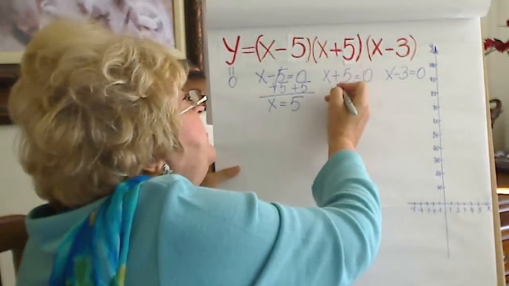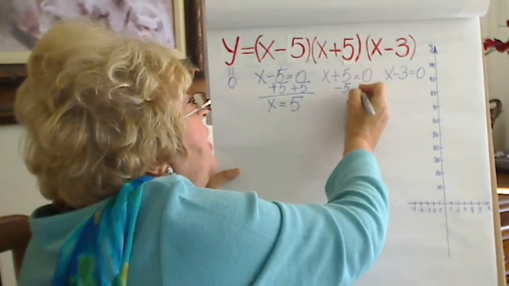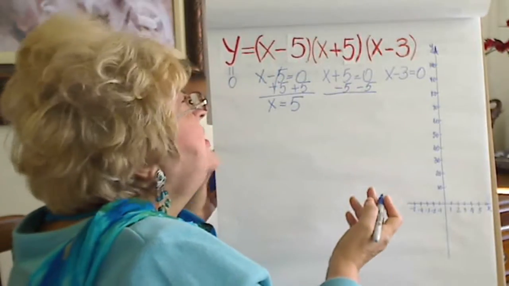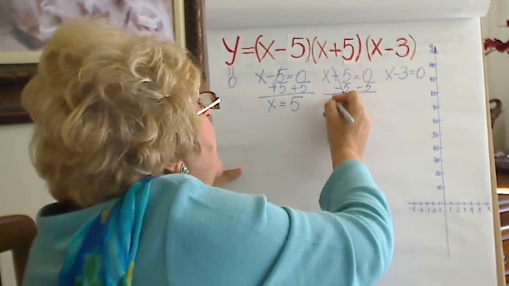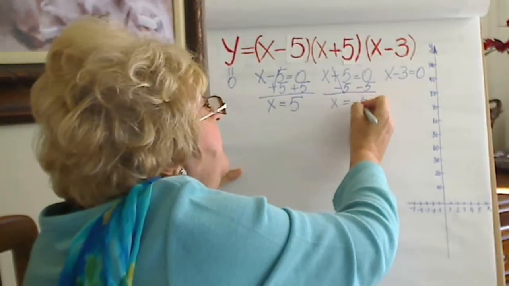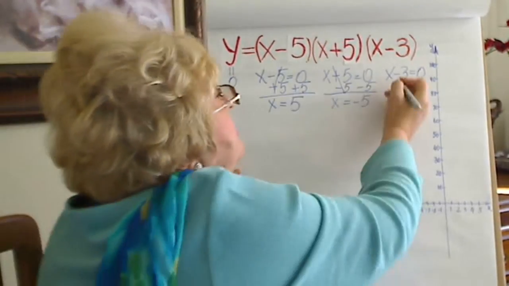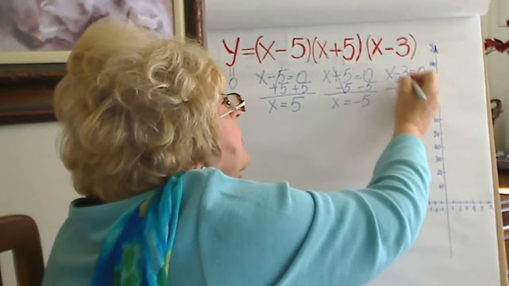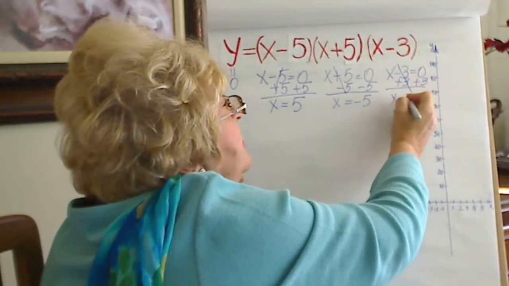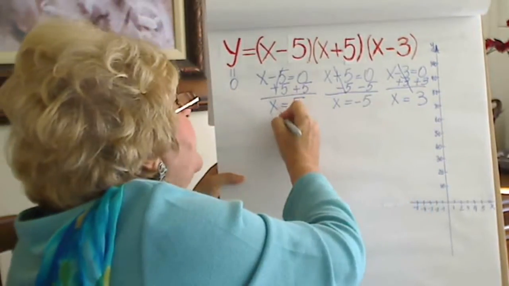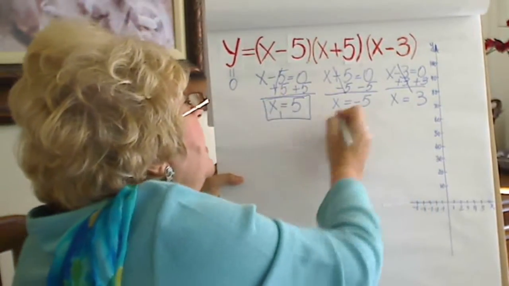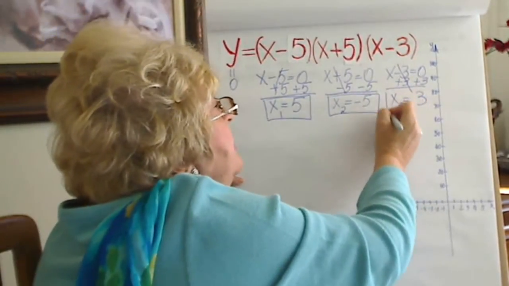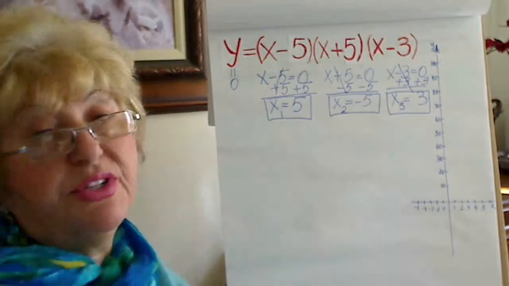In another case, we subtract 5 from both sides. It is a one-step equation, and we have x equals negative 5. And over here, we add 3, and we have x equals 3. So x first equals 5, x second equals negative 5, and x third equals positive 3.